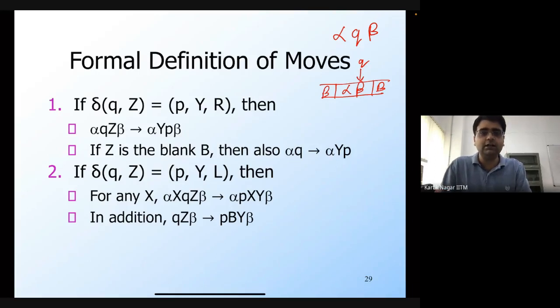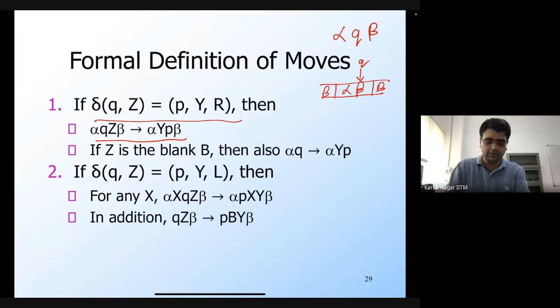And depending upon the moves made by the TM, we can also define this goes-to relation between the configurations. For example, if delta of q comma z is equal to p, y, R, then this defines the goes-to relation between these configurations.